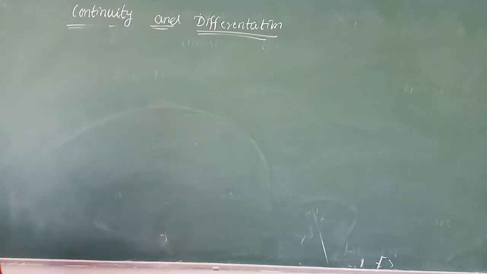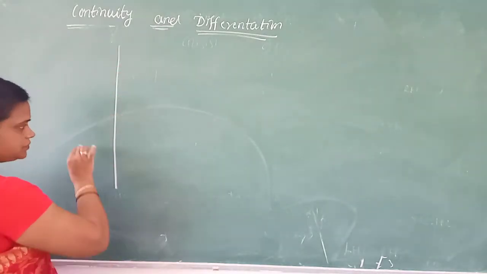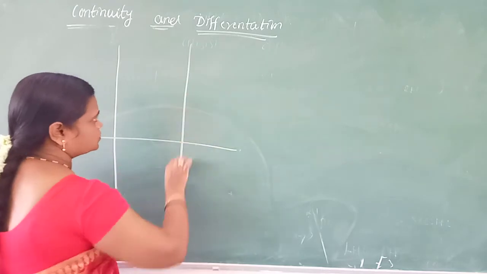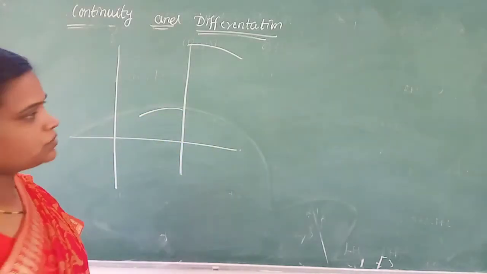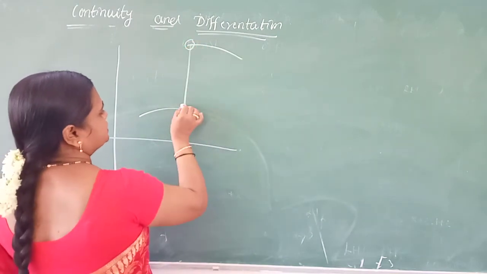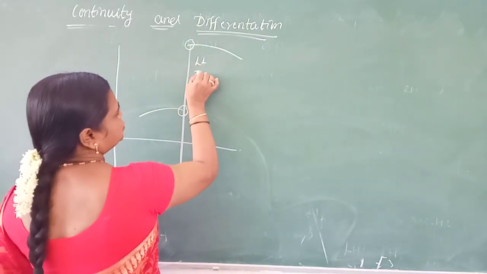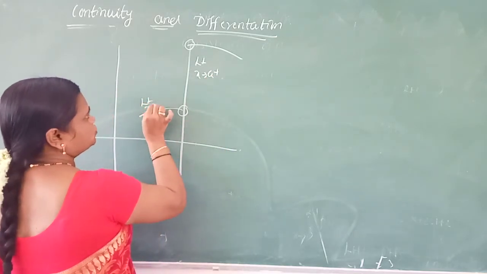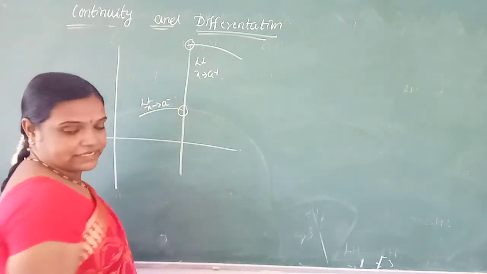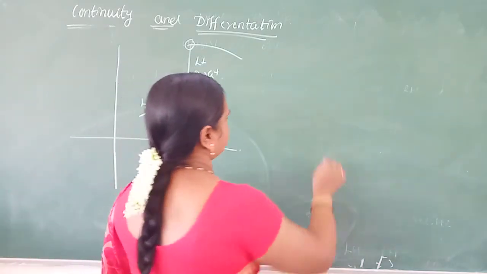For that, I will give a diagram here. This is a point where the limit exists. Limit as x tends to a plus, limit as x tends to a minus, but the function exists.